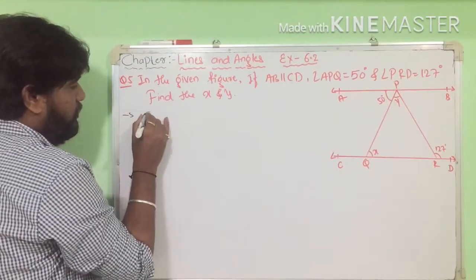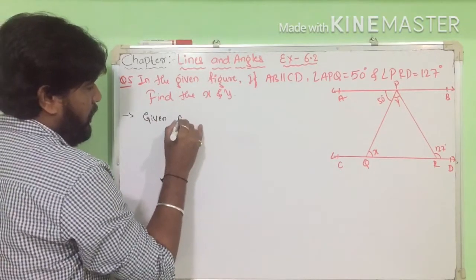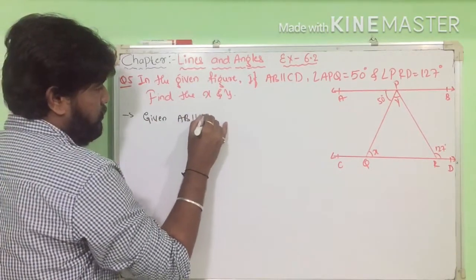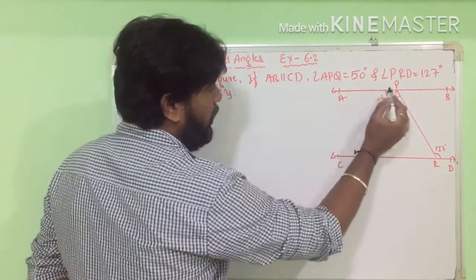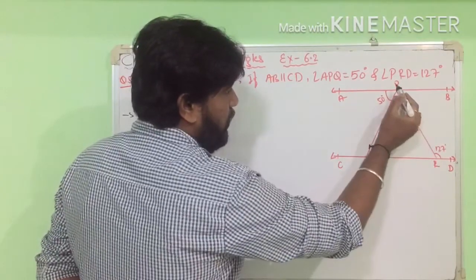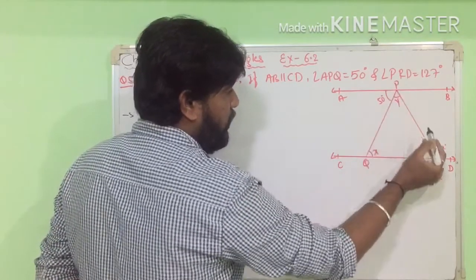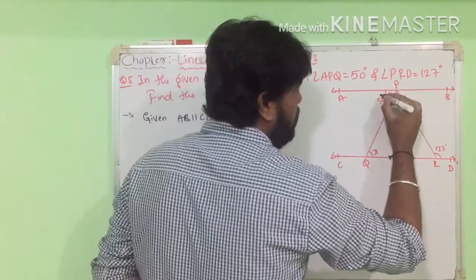First write down the given. What they given? AB is parallel to CD, which means angle APR is equal to angle PRD. Alternate angles. See here, these two.